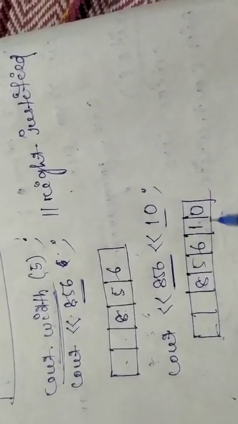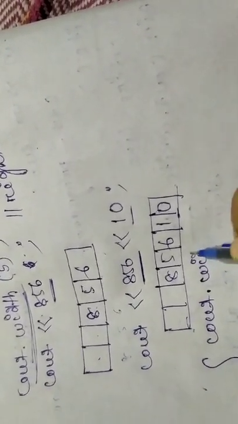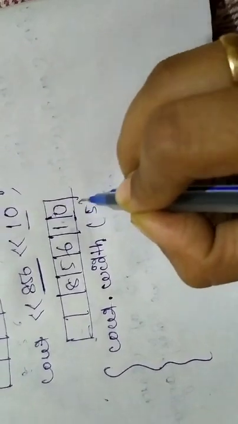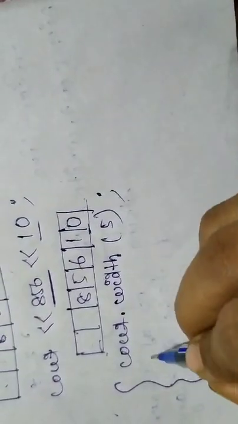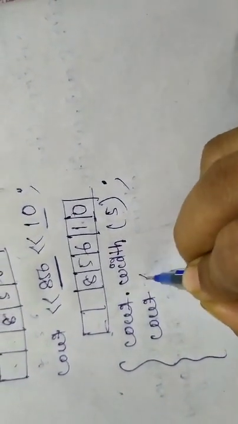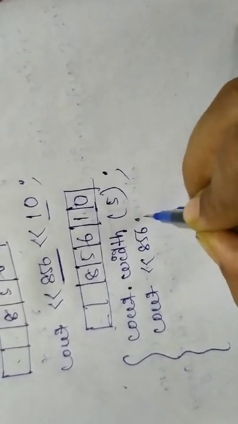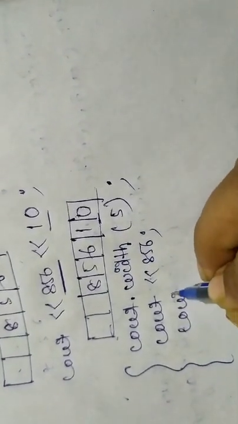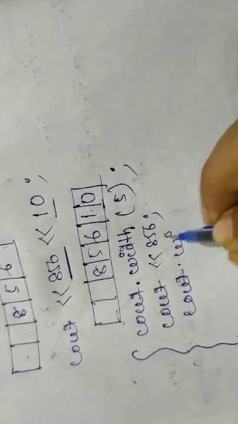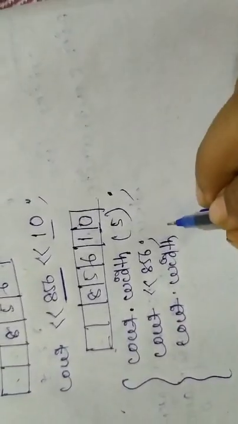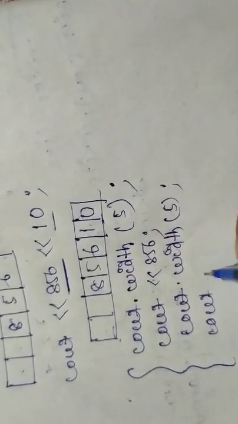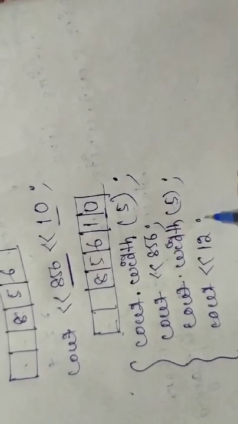So to print this 10 we have to write again. Like this, we have to rewrite cout.width(5), then cout 856, then again we have to call width with 5, cout 12.